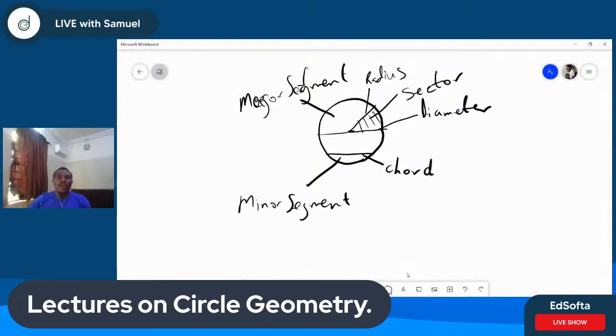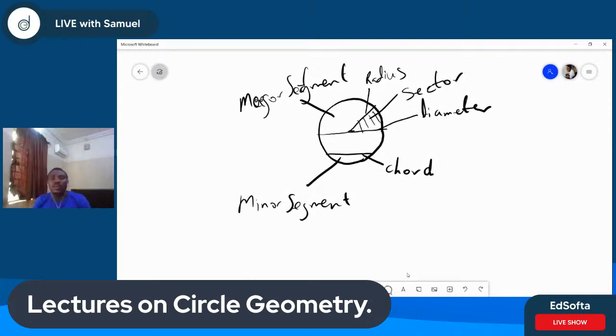Now, based on circle geometry, there are actually theorems that we use. There are various theorems, because if you don't have these theorems, you will not be able to solve circle geometry questions. Those are the theorems we are going to be looking at one by one until we get to the last theorem.